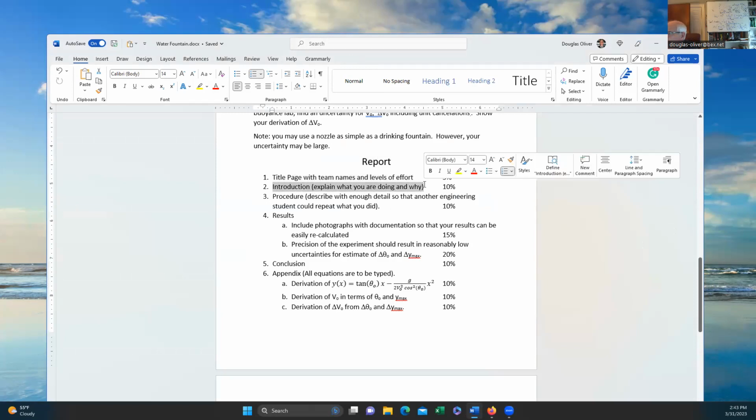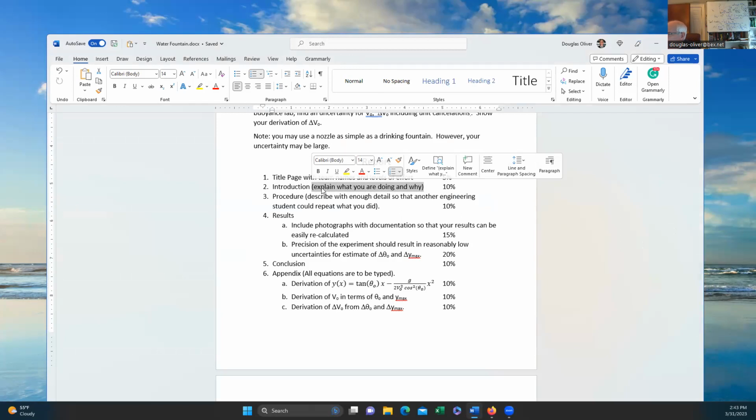What you're doing, you're trying to estimate the initial velocity of the water in a fountain, knowing 2 things: the maximum height that the jet of water goes to, and the initial angle, and the uncertainties of that measurement. So what we're trying to do is get initial velocity as a function of the two things that we measure. We're going to measure Y max and initial angle.